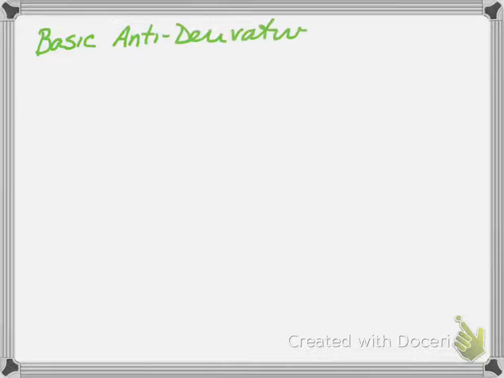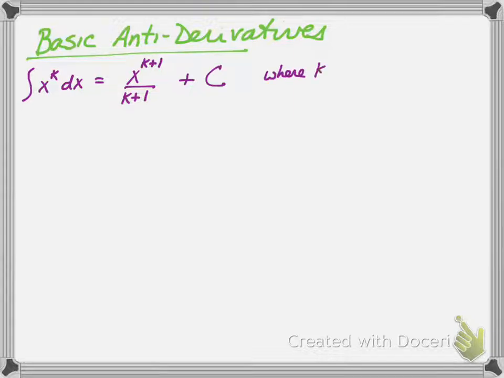So here we're going to list a bunch of the basic antiderivatives, and these should all look very familiar to you. First one is our power rule, and the power rule only works when k is not equal to -1. The antiderivative of 1 over x is the natural log of the absolute value of x, and that's because we have to think about domains.